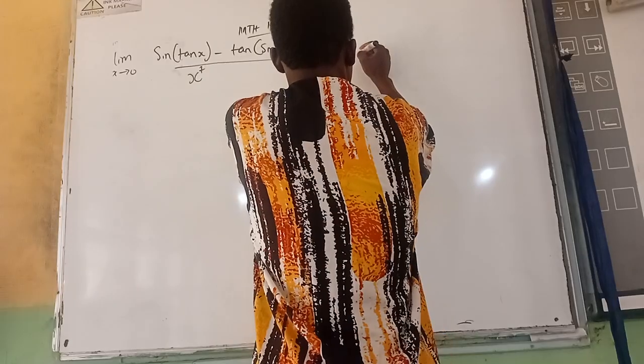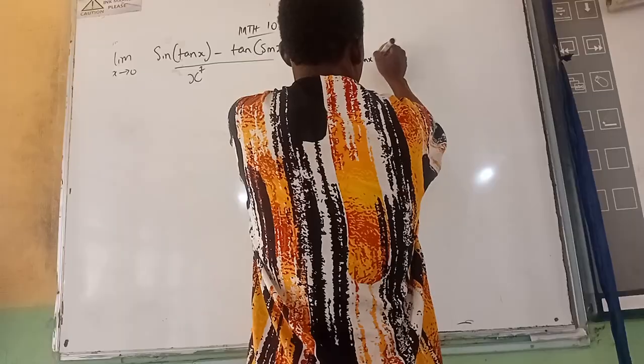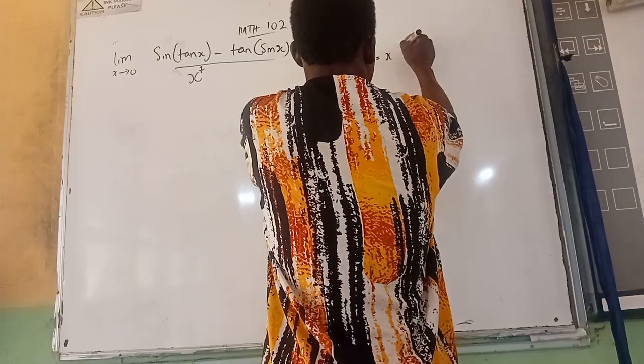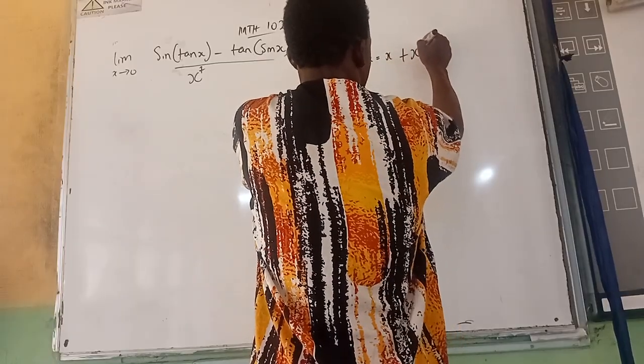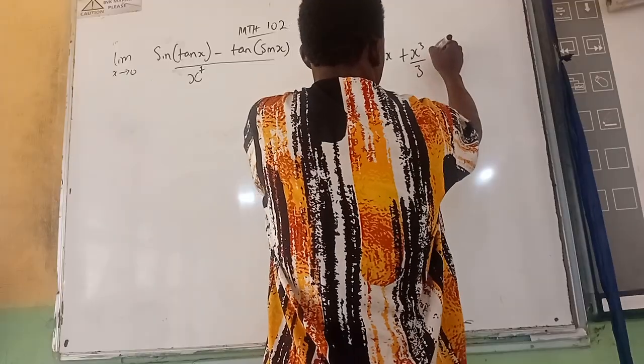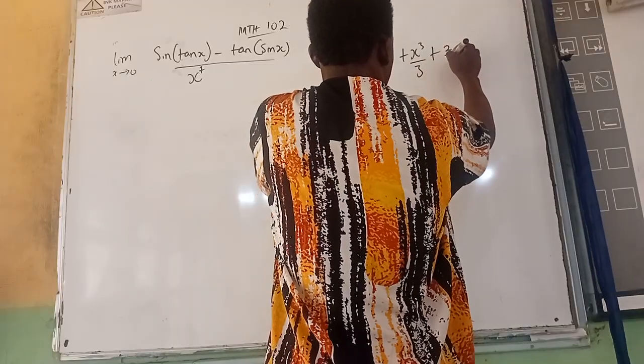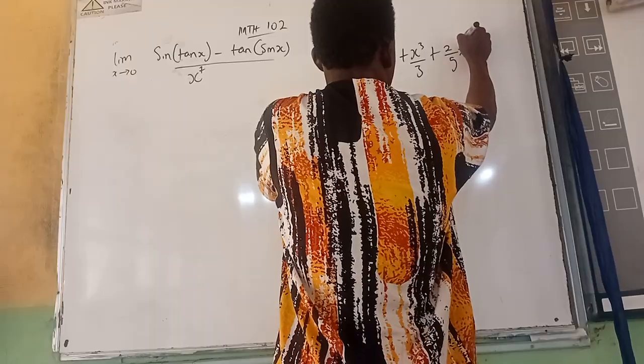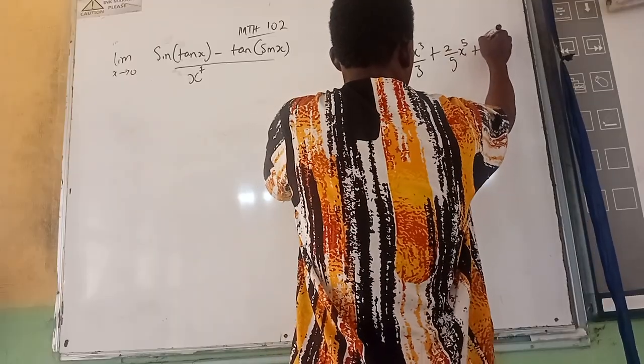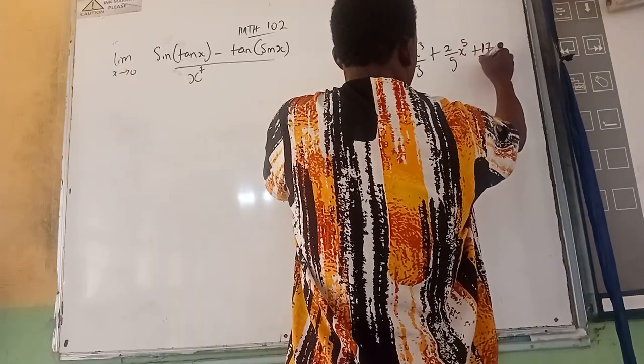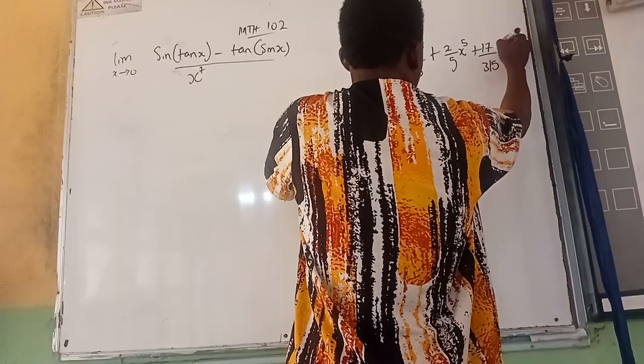Now, for tan x, using Taylor series, tan x equals x plus x cube over 3 plus 2 over 5 x raised to power 5 plus 17 over 315 x raised to power 7.